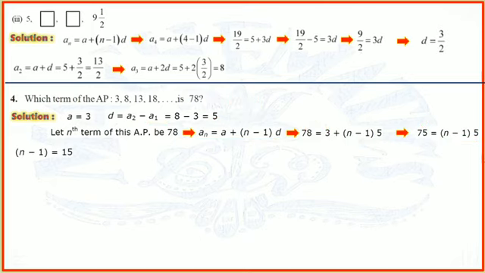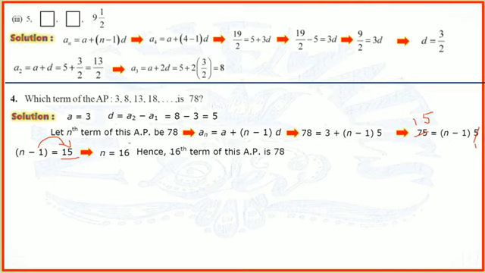Next step, n minus 1 into 15: 15 times 5 is 75. So n minus 1 is equal to 15, which implies n is equal to 16. The 1 will go to this side, so n is equal to 15 plus 1, 16. So that means the 16th term, this is the position of the term, hence the 16th term of this AP is 78.